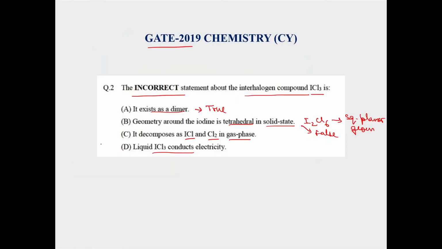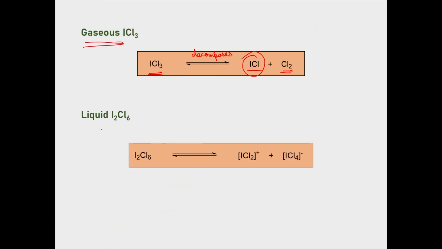The next statement, statement D, is liquid ICl3 conducts electricity. In liquid state, ICl3 exists as a dimer again, that is I2Cl6, and this I2Cl6 can self-ionize into ICl2 plus and ICl4 minus.